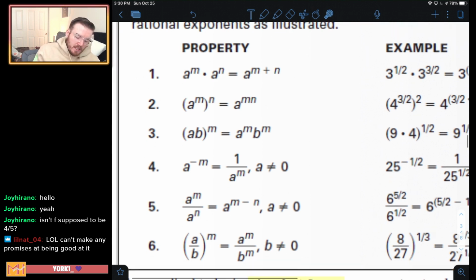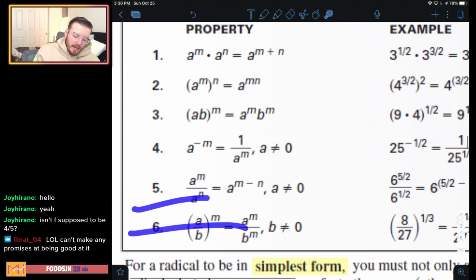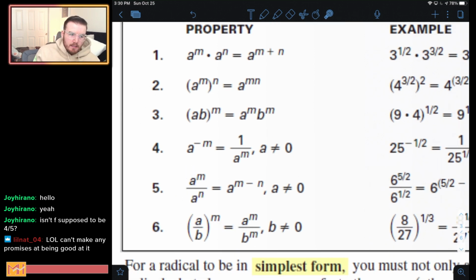And then you can think of it the other way around for these properties, right? When I divide something, a tier below division is subtracting, right? So that's why I'm subtracting the exponents on that one. This one might seem kind of random. A negative exponent means to flip it.